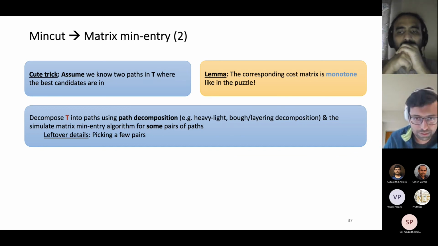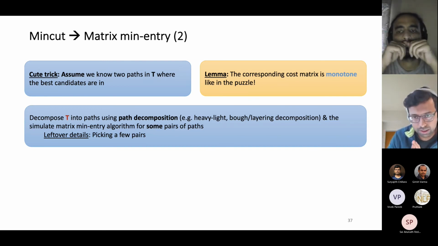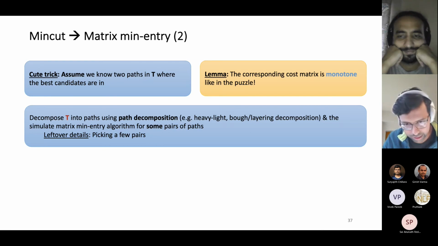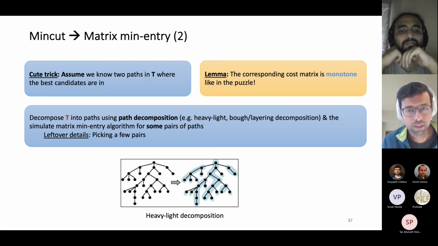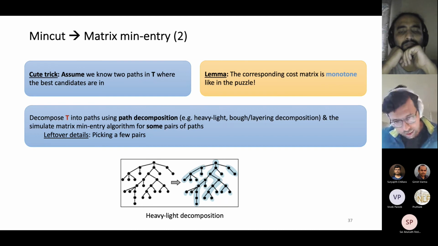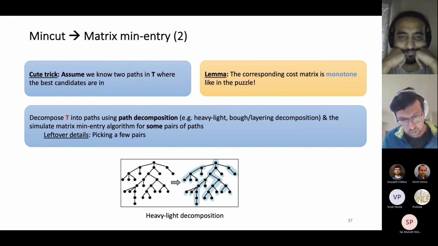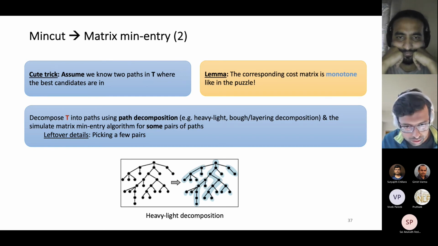Even if somebody is working towards competitive programming, he or she may already know this technique, or it's a very useful technique for them. It is known as tree decomposition. Specifically, we will look at two kinds of tree decompositions today.